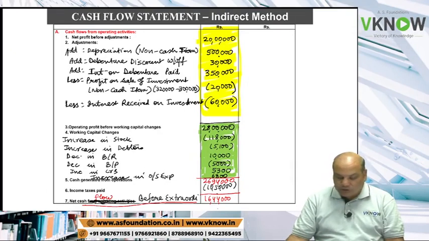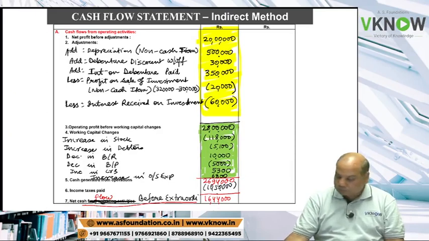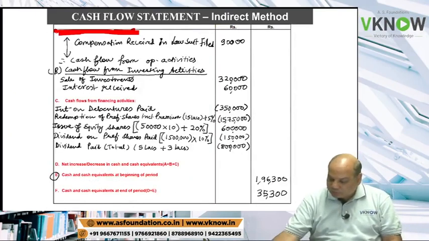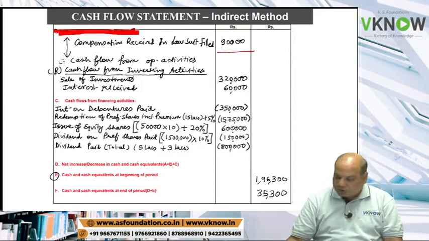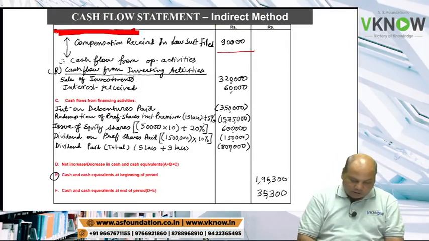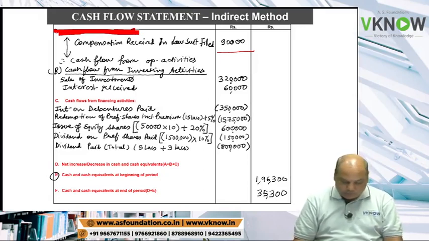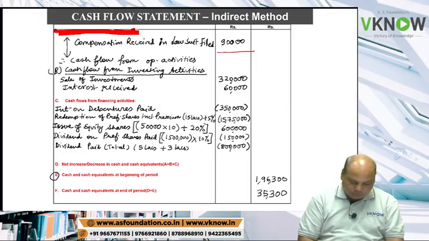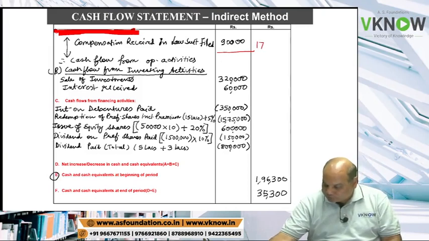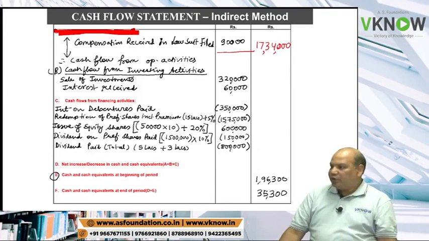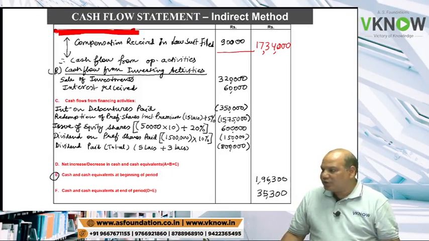And to this 16 lakh 44,000, compensation received, not deduct, add plus 9 lakh inflow. So my cash flow from operating activity is 17 lakh 34,000. Chaurasia is right.